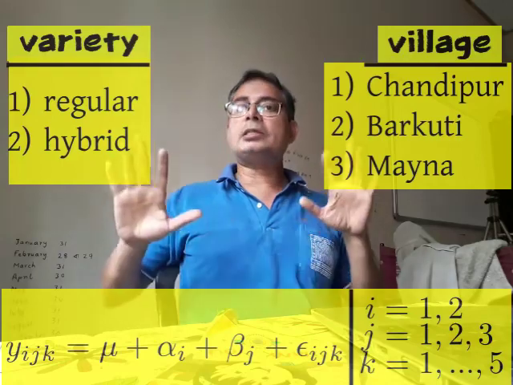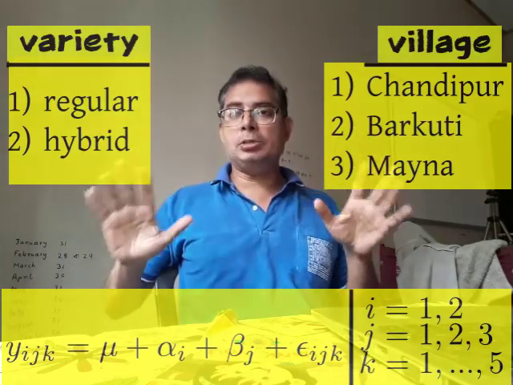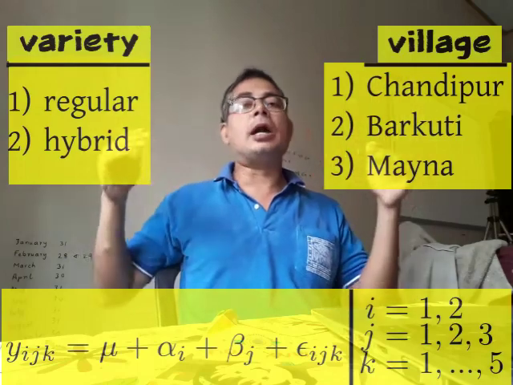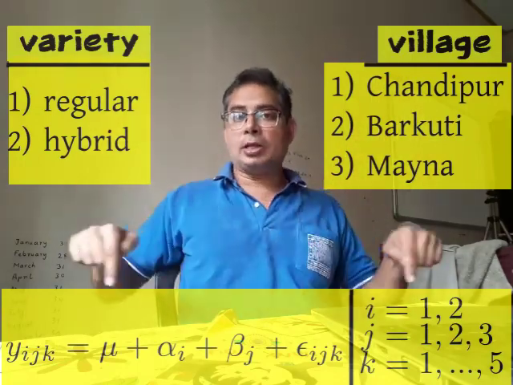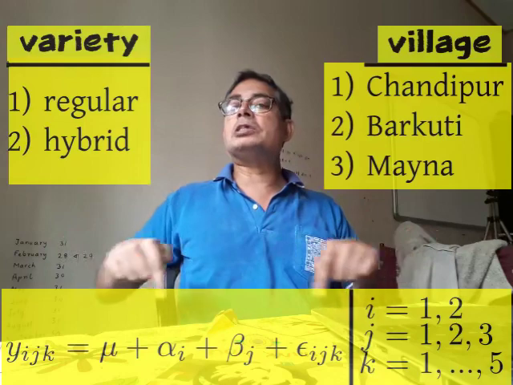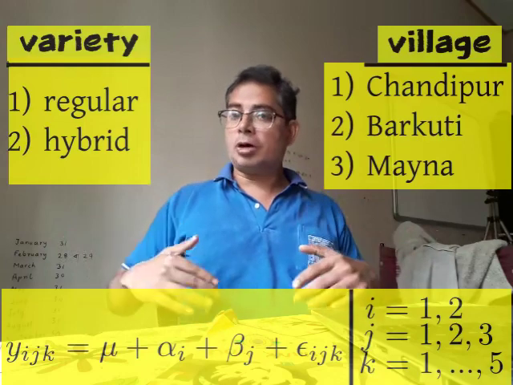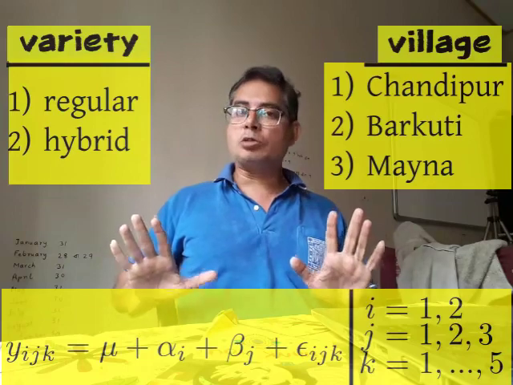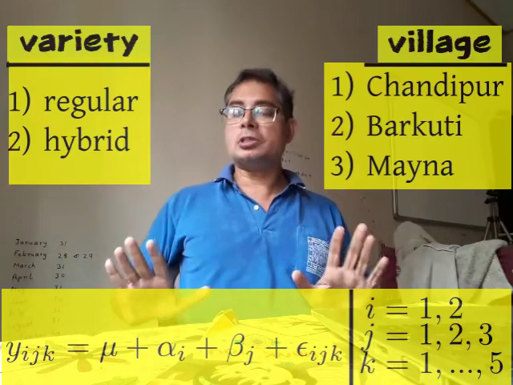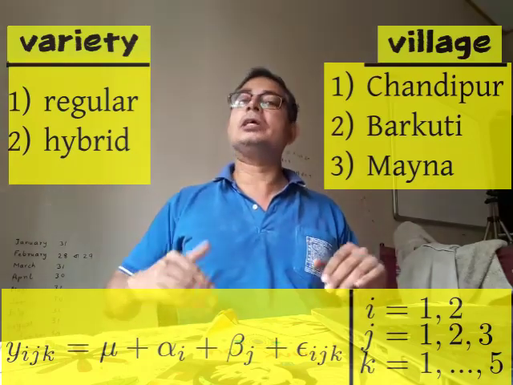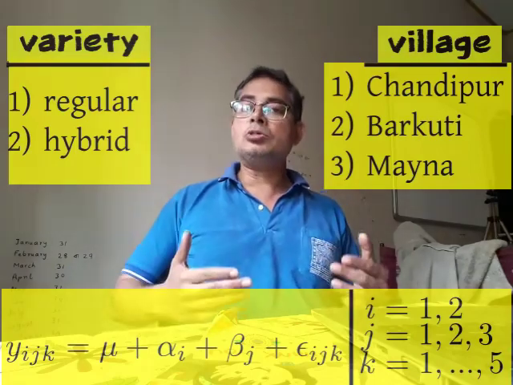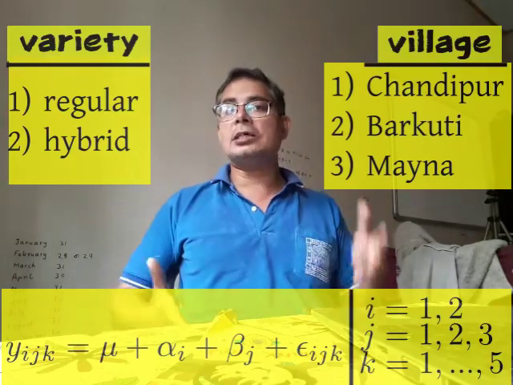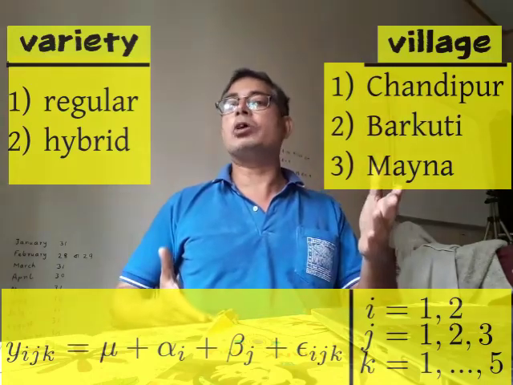So you see there is a fundamental asymmetry between variety and villages. Both of them are inputs. In this model, however, that asymmetry is not reflected because we are merely considering the past data in its own right. But when we consider that the report is going to be read by someone who wants to use it for future data, you will understand that for future data, these villages will most likely not be used.